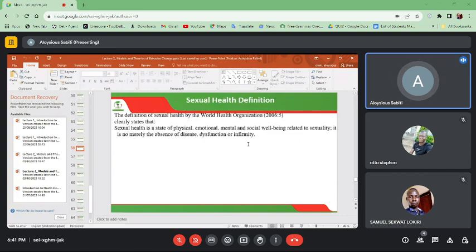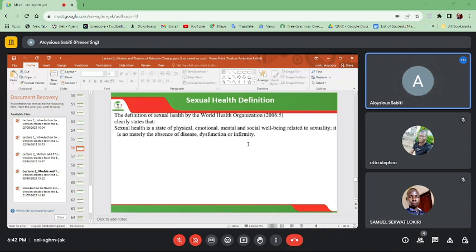So, according to the WHO, sexual health is a state of physical, emotional, mental, and social well-being related to sexuality. So, it is not merely the absence of disease, dysfunction, or infirmity. We know aspects of dysfunction such as sexual infertility.